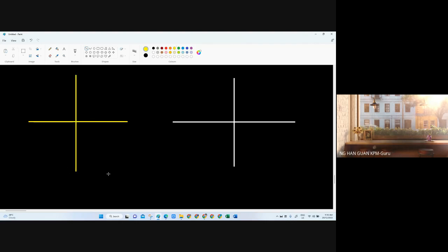Okay, so now I use two examples. So this is a lens. And then for the mirror, let's say I have the concave mirror.